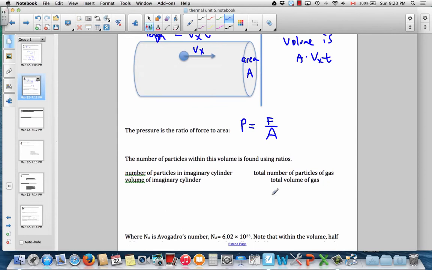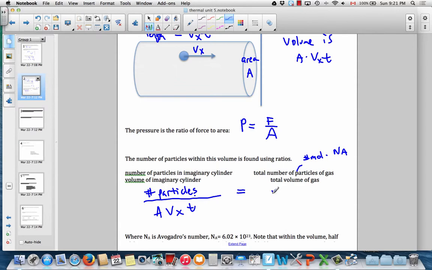Now, the number of particles in this volume, which is A Vx t, will be the same as the total number of gas particles, and the total number of particles will be the number of moles times Avogadro's number, Na, which is 6.02 times 10 to the 23rd particles per mole.